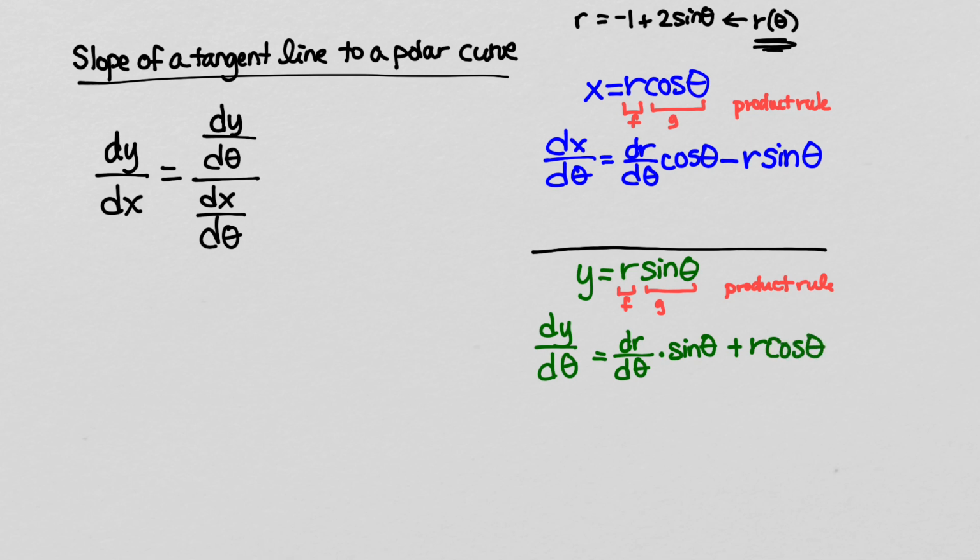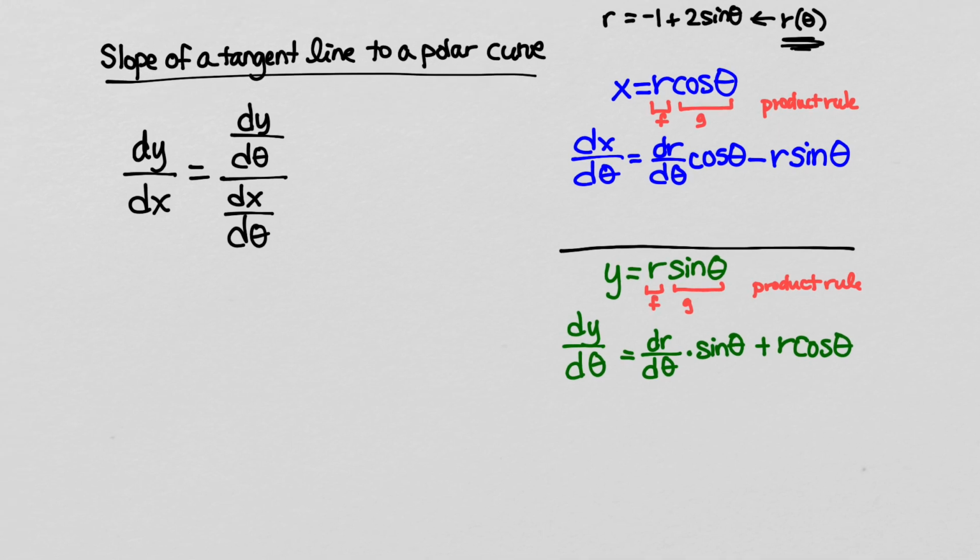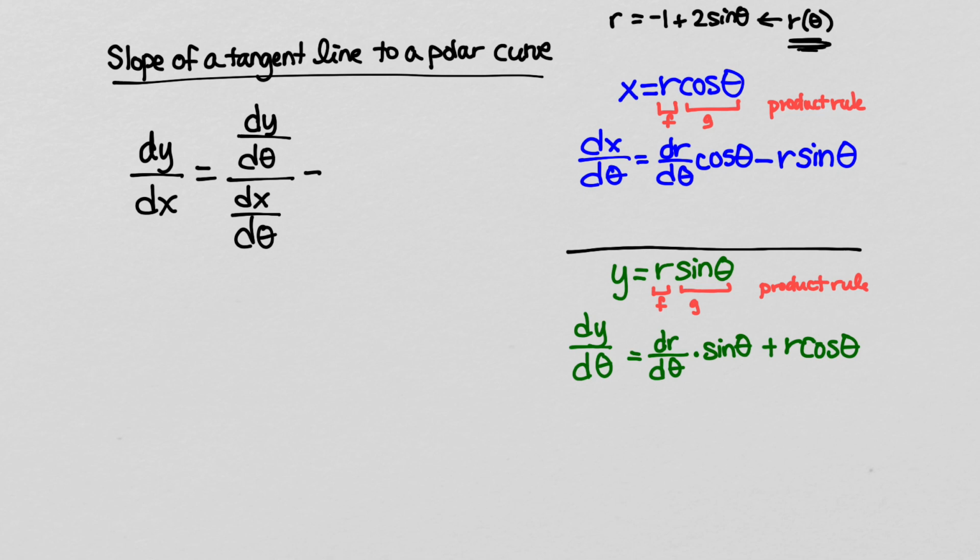Now, why is this going to help me? Because, believe it or not, it's weird, but to find the slope of a tangent line to a polar curve, you actually have to rewrite as dy d theta over dx d theta and then substitute.